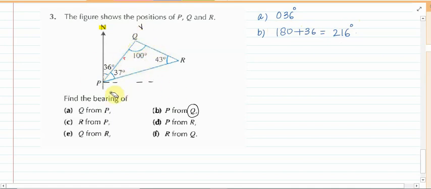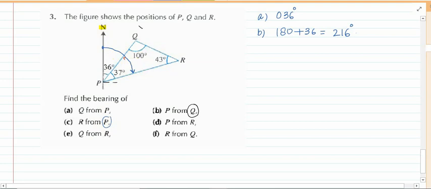Now after part 2 we have part C, R from P. R from P means north of P. North of P is already highlighted. Starting from the north of P till the line connects P and R, bingo, I reached there, right?